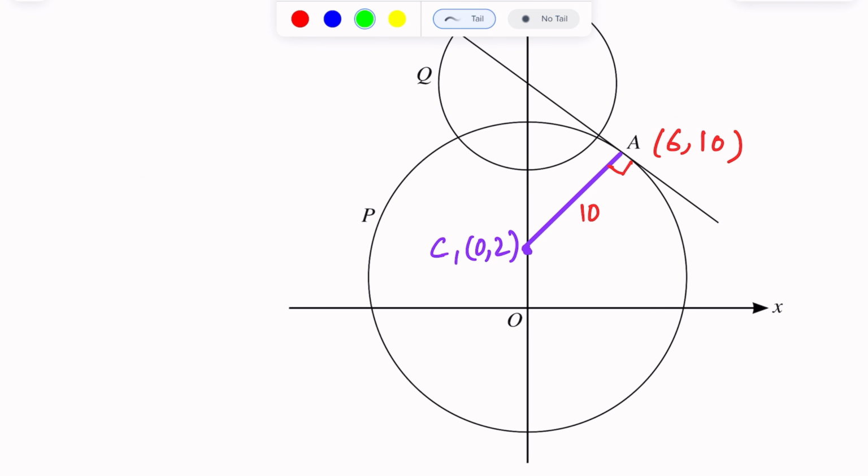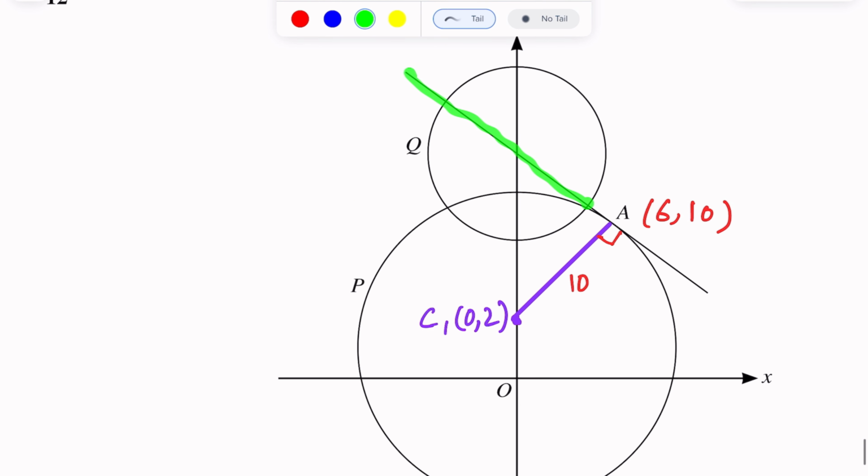Then we can find the gradient of the tangent, because tangent and this line are perpendicular to each other.